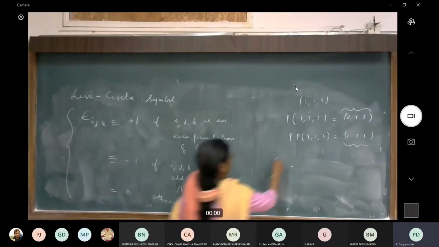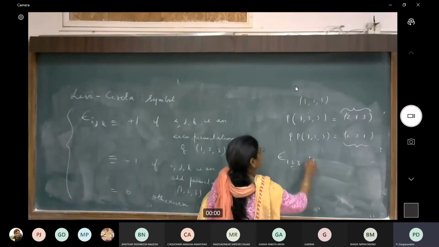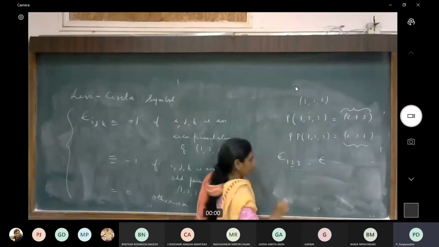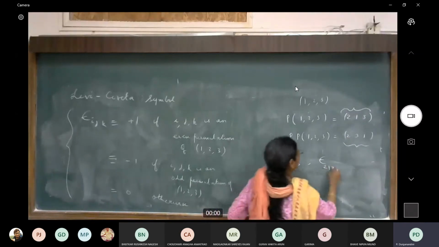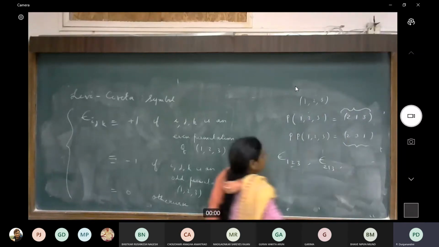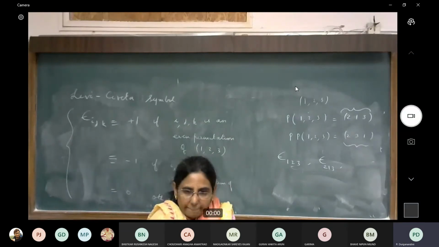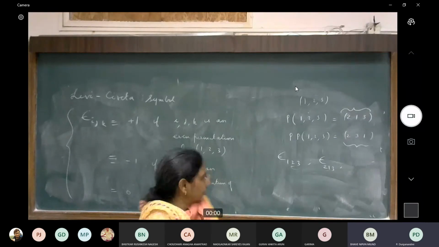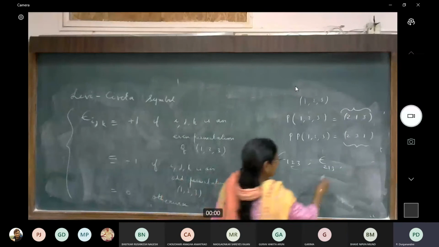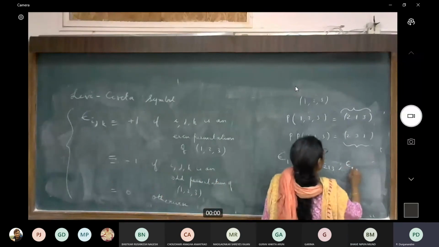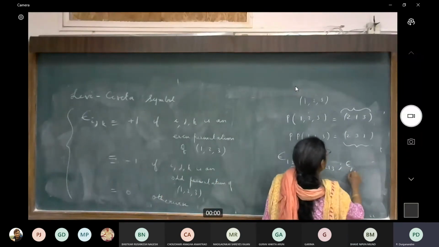So I can get epsilon 1, 2, 3. Non-zero answers can come only for this, 2, 1, 3. Now given three numbers, how many different permutations can I get? 3 factorial. So the 3 factorial is how many? 6. So which means only for these 6 values, you write down all this. Epsilon 2, 1, 3, then 2, 3, 1.